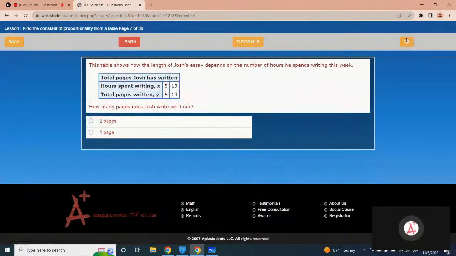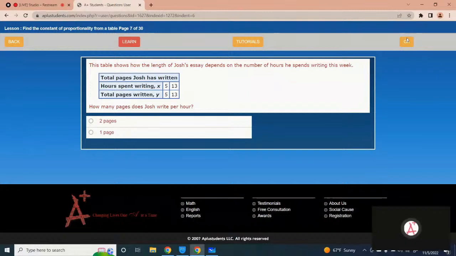Okay, the next one is the table that shows how the length of Josh's essay depends on the number of hours he spent writing this week. So how many pages does Josh write per hour? So you have to divide the y value by the x value.